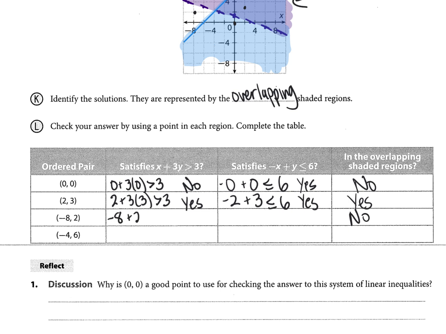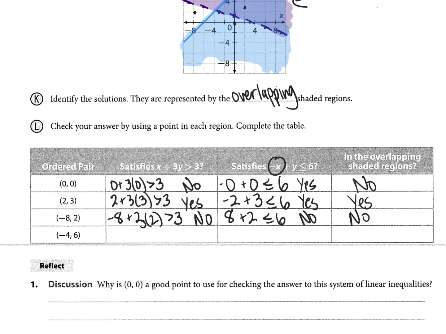Negative 8 plus 3 times 2. 3 times 2 is 6. Negative 8 plus 6 is negative 2, which is not bigger than 3. When you have a negative 8, that gives you a positive 8. Plus 2, that's 10. Is 10 less than or equal to 6? No, 10 is greater than 6.